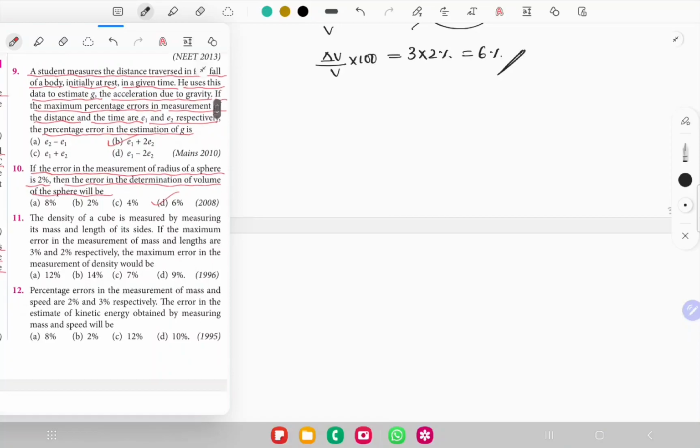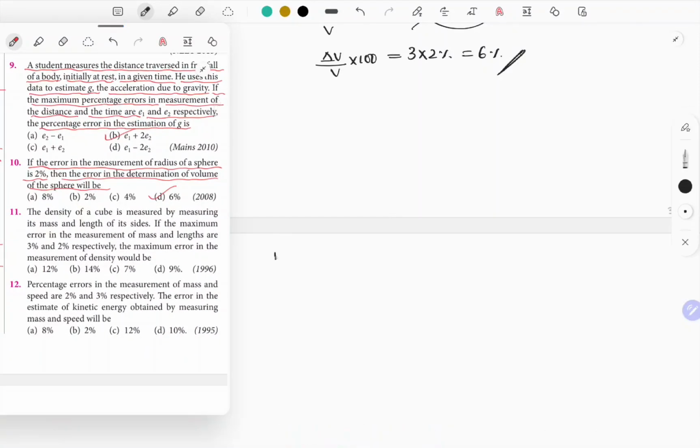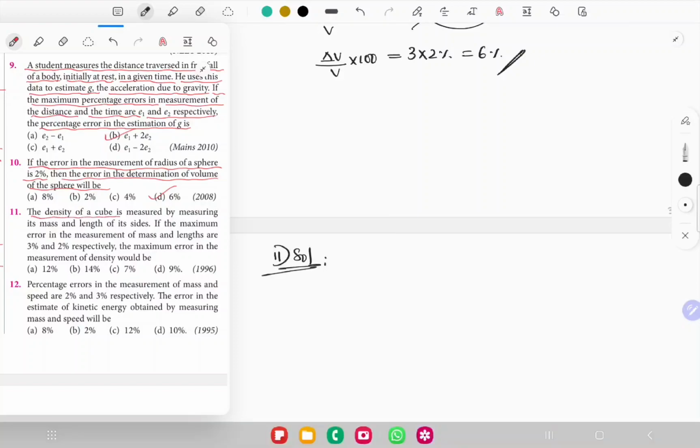Now, let me solve the 11th question. Look at the 11th question. So what is the data that they have given? You can try by pausing it. Okay. Now, the density of a cube is measured by using its mass and length of its sides.